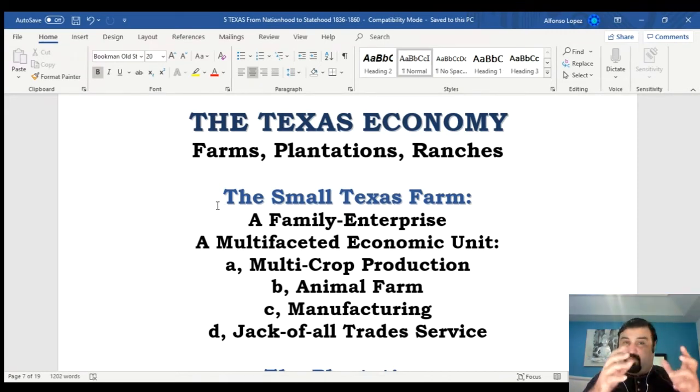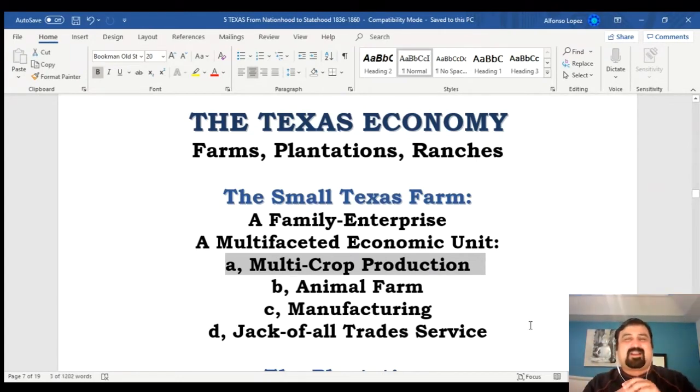Of course, there's one section, and that is the section where you actually grow crops. But even that section itself was not just a matter of growing corn, for example, like a single-crop kind of farming activity here, but rather what the Texas farm was trying to do is diversify.